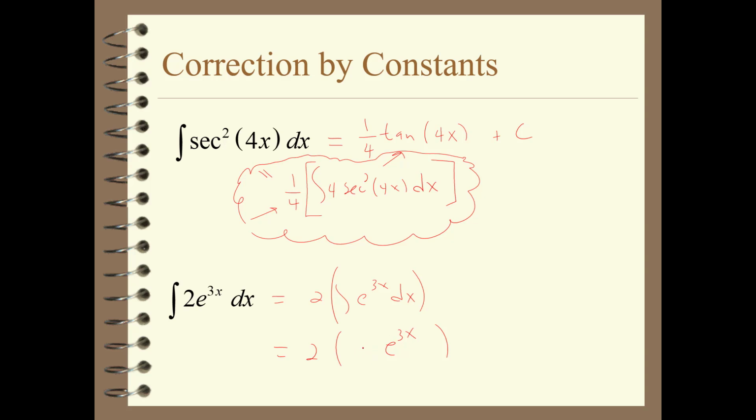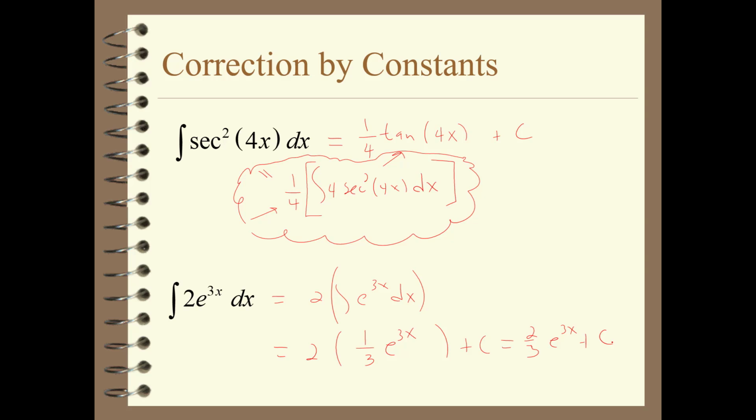I'd have a 3 here, but there wasn't a 3 there. That means that 3 must have canceled with something, so I will divide by the constant that was missing. This derivative should be e to the 3x. Notice the 2 is left behind because the 2 was brought out from the initial integrand. And now that I have the antiderivative, I can now put plus c. So the answer is 2/3 e to the 3x plus c.